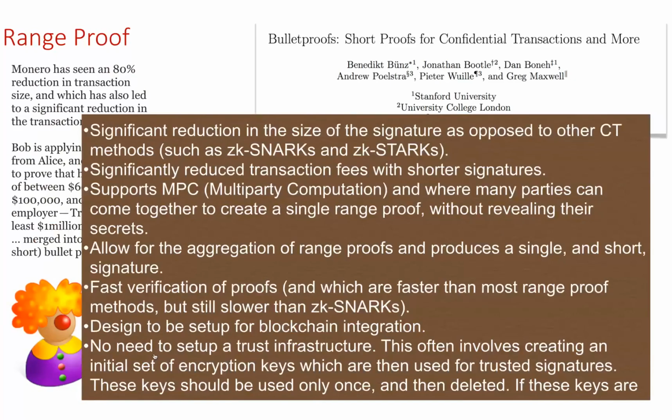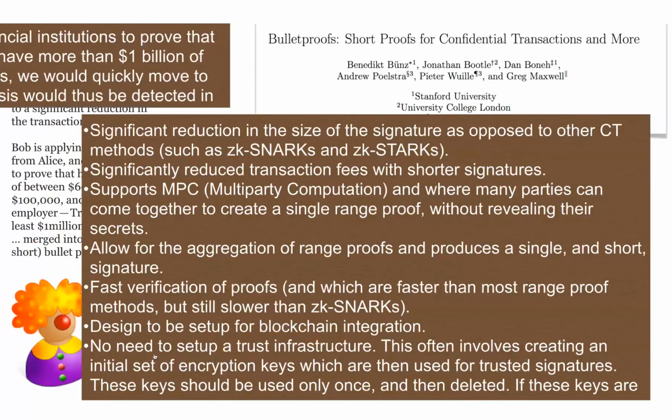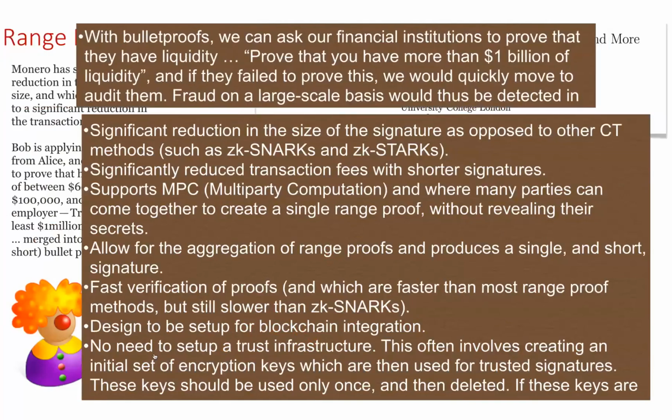We get the aggregation of range proofs together into a single entity. There's no need for PKI anymore for a trust infrastructure, and we can trust everything that's signed with these bulletproofs. And we could do things like prove that a bank has £1 billion of liquidity at a given time. So if an auditor went in and says prove that you have £1 billion of extra cash, through a bulletproof we can actually prove these things.